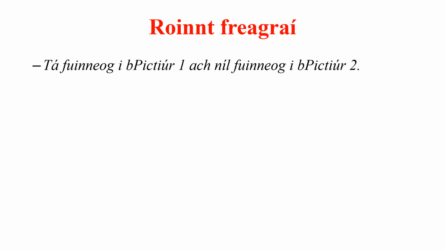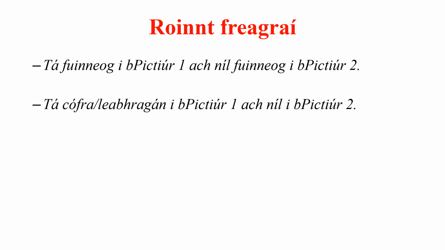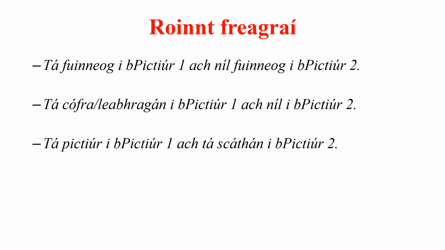Some answers: Tá fuinneog i bpictiúr a haon, ach níl fuinneog i bpictiúr a dó. Tá cófra nó leabhragán i bpictiúr a haon, ach níl i bpictiúr a dó. There is a cupboard or bookcase in picture 1, but not in picture 2. Tá pictiúr i bpictiúr a haon, ach tá scáthán i bpictiúr a dó.